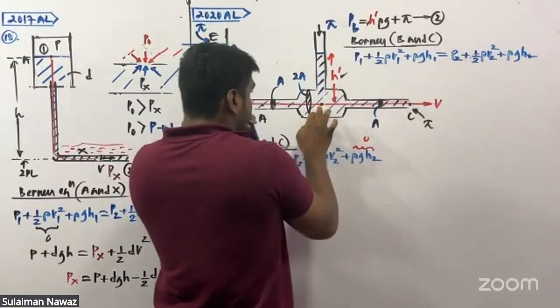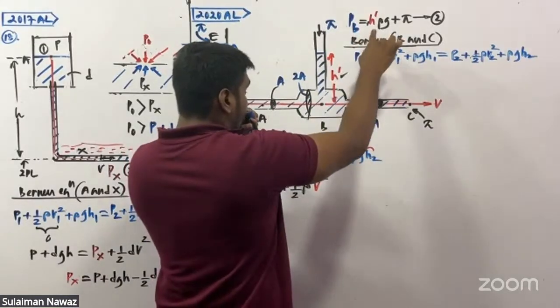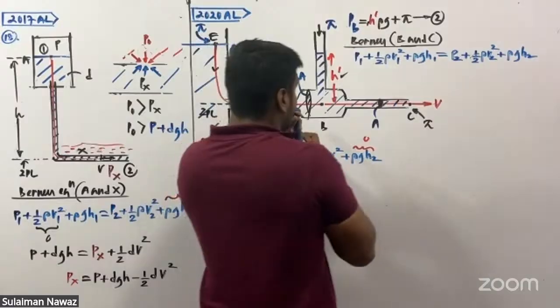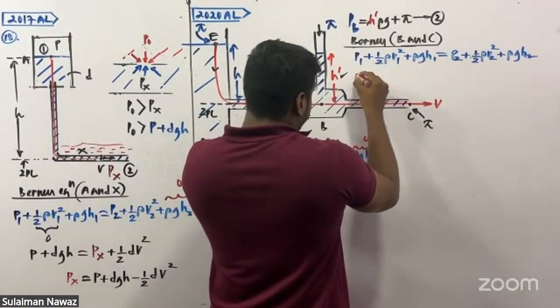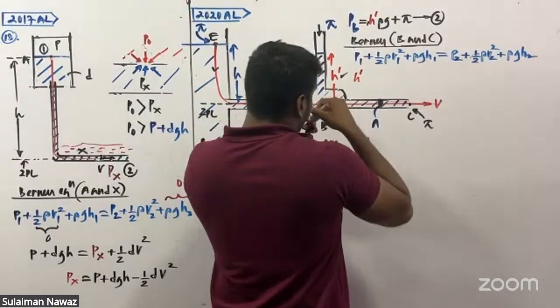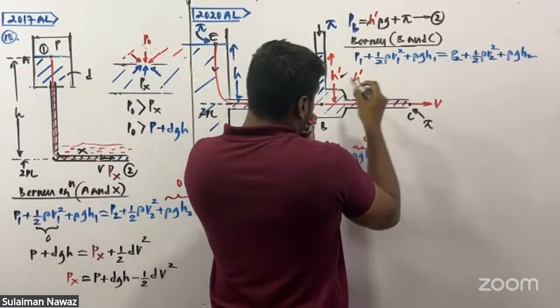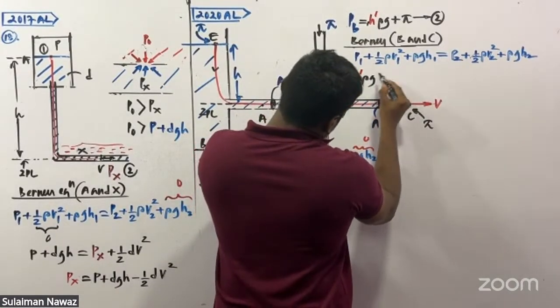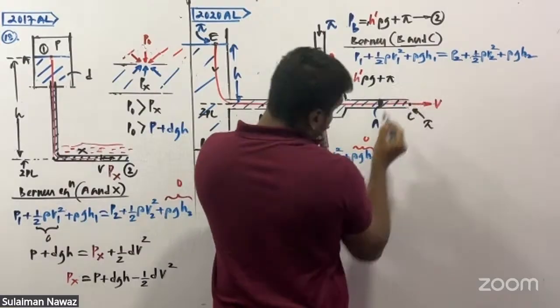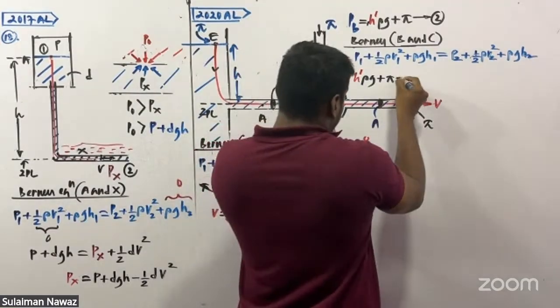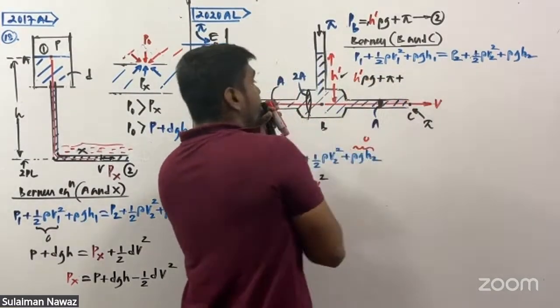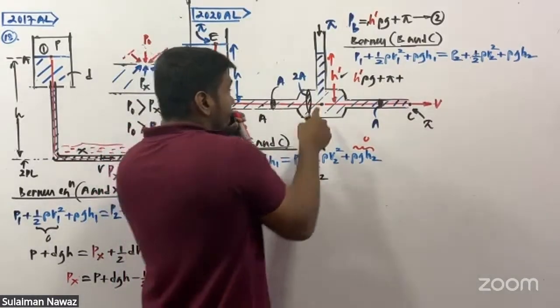Then P1 means pressure at point B. Just now we got pressure at point B as H dash rho G plus pi, plus half rho V1 squared. What is V1?